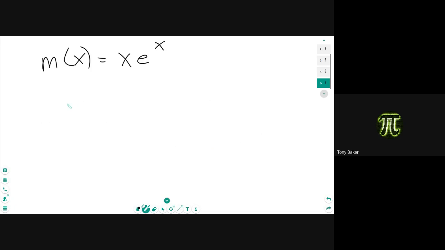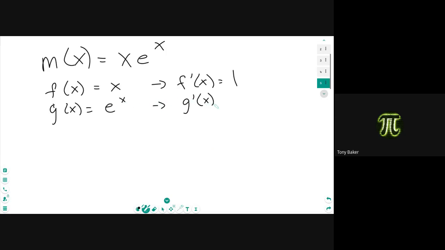So what are the two things I'm multiplying in this? So it's x and e to the x, right? So if f of x is x, what's f prime of x? 1. And g of x is e to the x, so what's g prime of x?